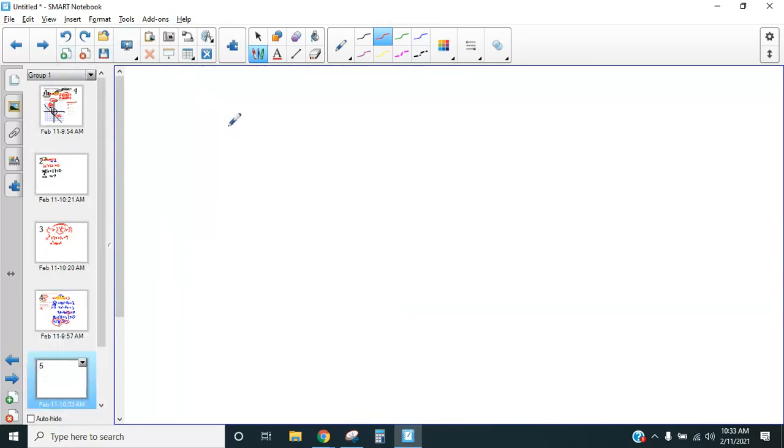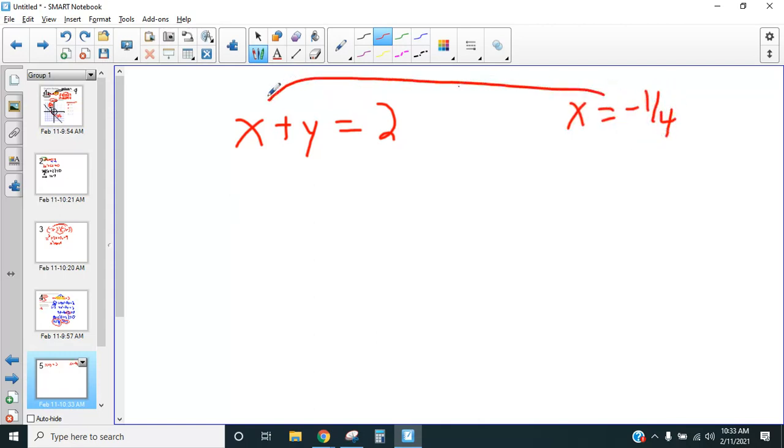All right, so let's do a new page here. We know x plus y equals 2. And we know our x coordinate was negative 1/4. So now I'm going to plug that in. And now I'm going to solve.